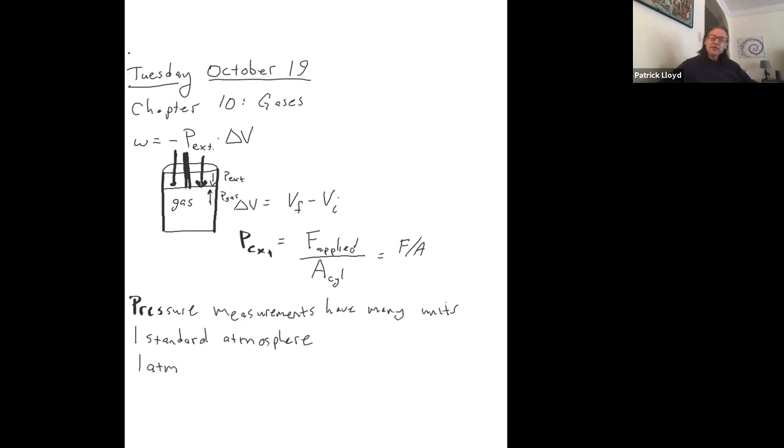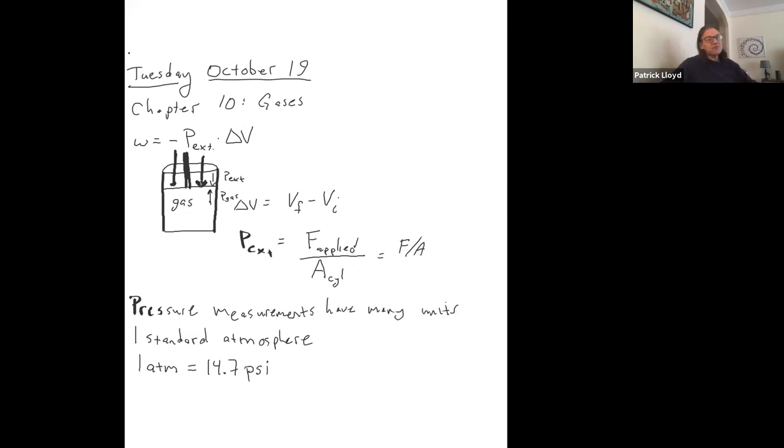Okay, but there are many other units that are used, and some of them are used for historical reasons, some for practical reasons, and some for convenience of calculations. So we're going to have kind of a mix of them. So one that you may have heard is called pounds per square inch, which is abbreviated PSI. Okay.